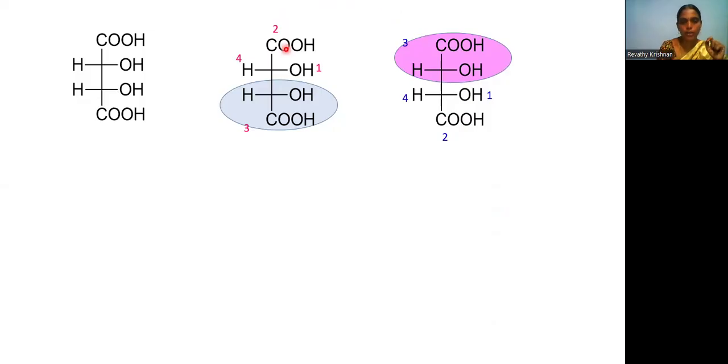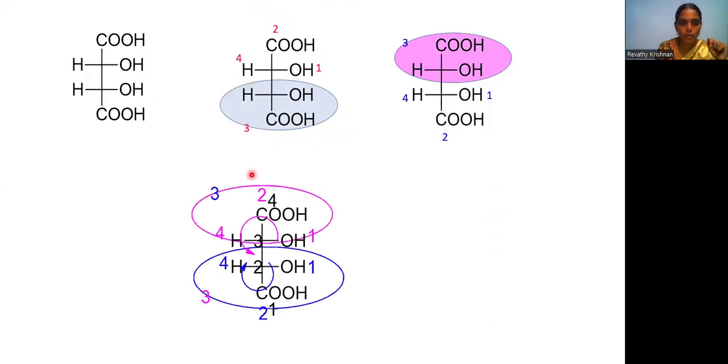So when coming to assigning the configuration by using the priority, for this spotted carbon, the priorities are shown in the pink color. So the priority goes like 1, 2, 3. That is anti-clockwise. But what happened to the configuration? It gets the opposite configuration because the hydrogen is in the horizontal line.